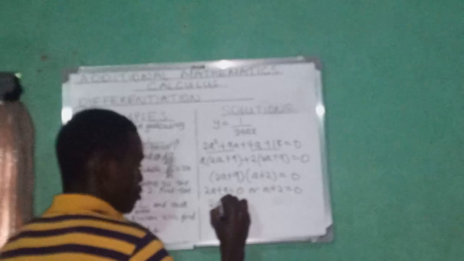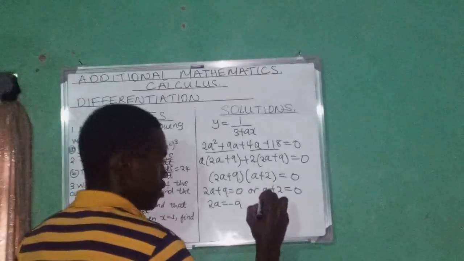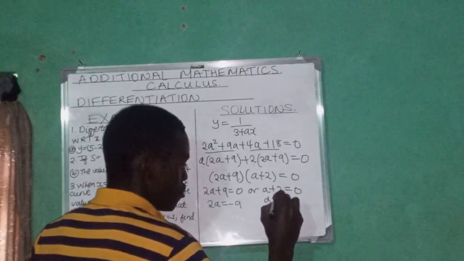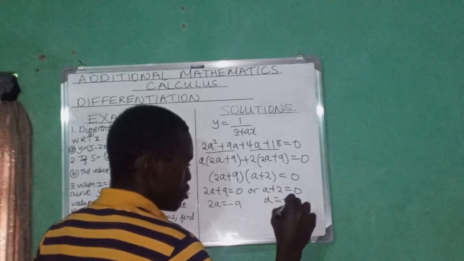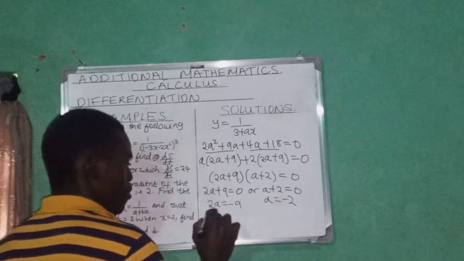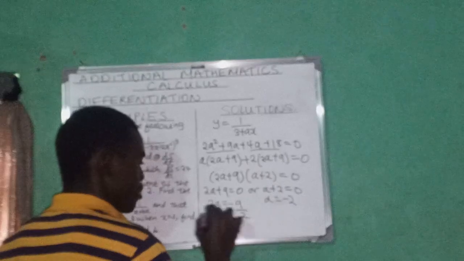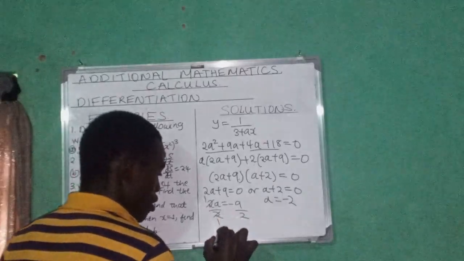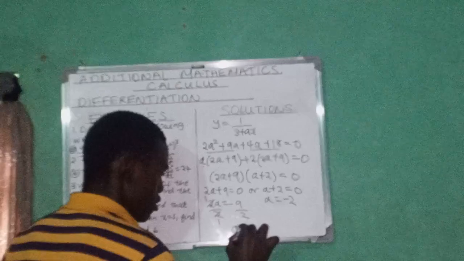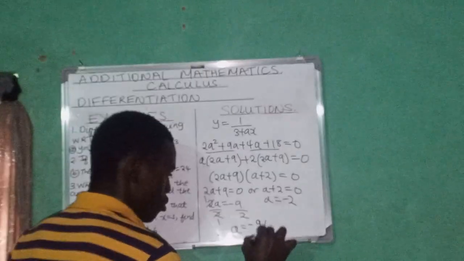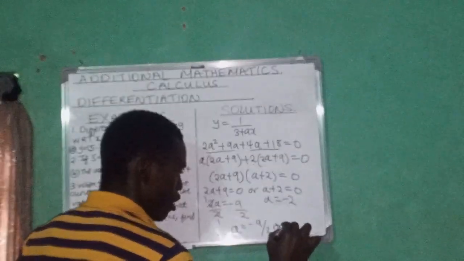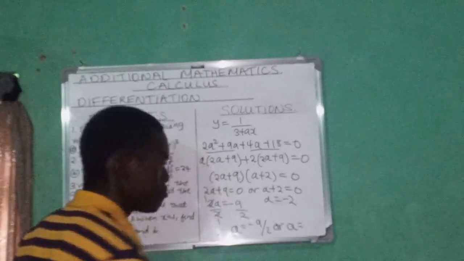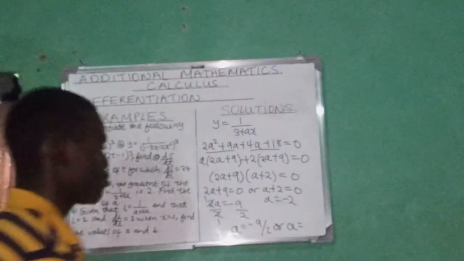Then 2a is equal to negative 9, and a is equal to negative 2. So we divide both sides by 2, we divide both sides by 2. 2 can go into itself 1, into itself 1. Therefore, a is equal to negative 9 over 2, or a is equal to negative 2.